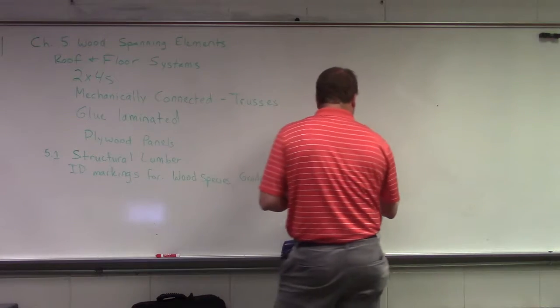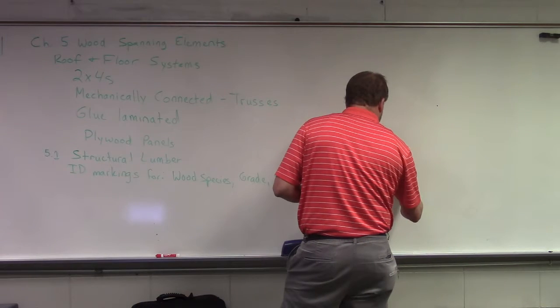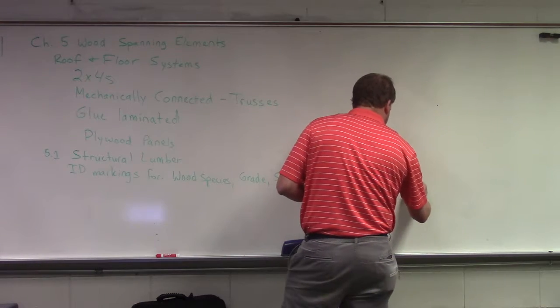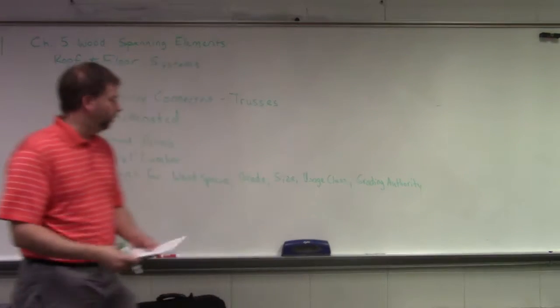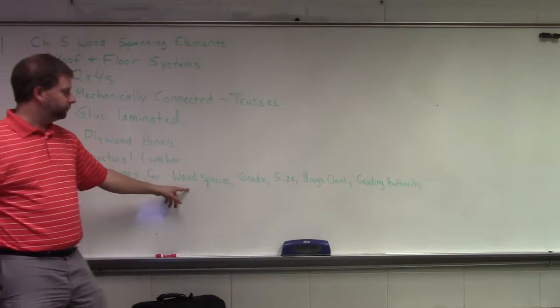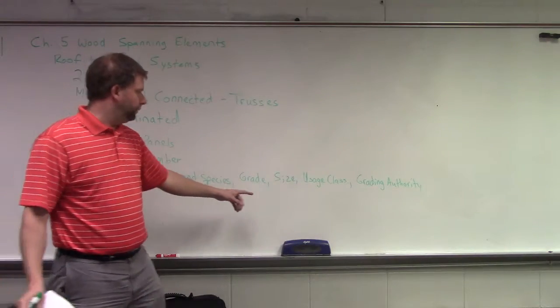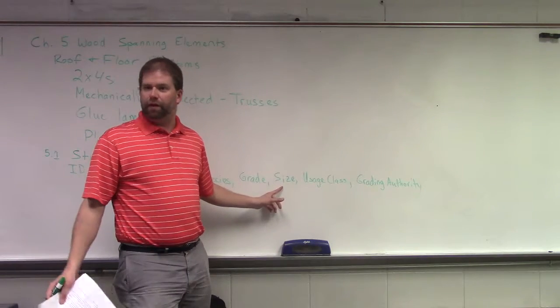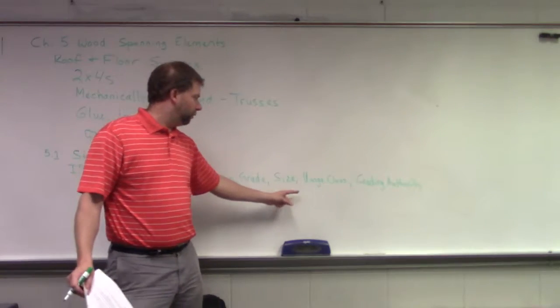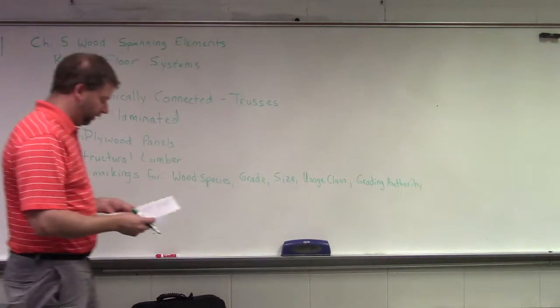Your usage classification, and then the grading authority. Okay, so we need to know from what type of tree did this thing come from? Okay, what structural grade are we looking at? Type 1, type 2? What is the size of the member, right? We need to know that so we can figure out where we're going to put this thing, what its usage classification is, and then who did the grading itself.